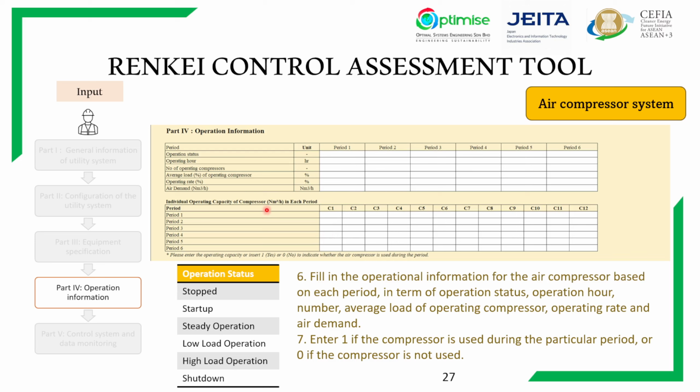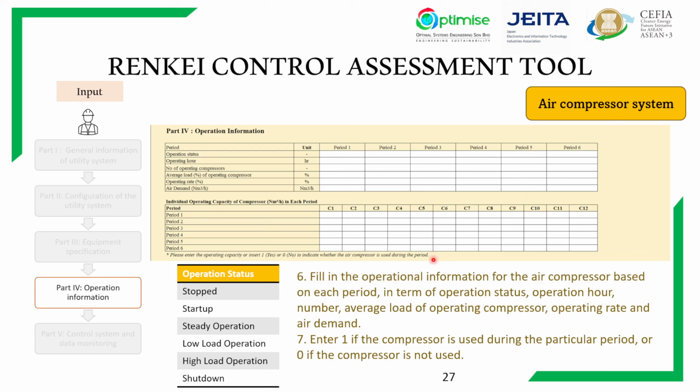And then the second part is on the individual operating capacity of the compressor. If you have 12 compressors, you can key in all of them, but if you think it's quite troublesome to key in one by one, you can insert 1 or 0. At that particular period, if you key in 1, that compressor is operating, or 0 if it is not operating.